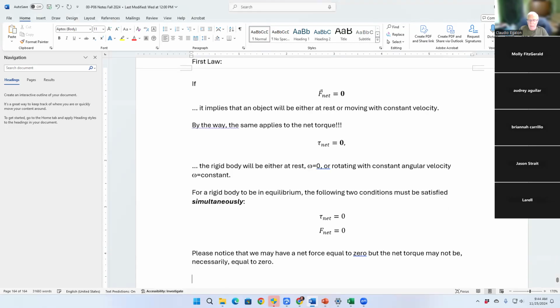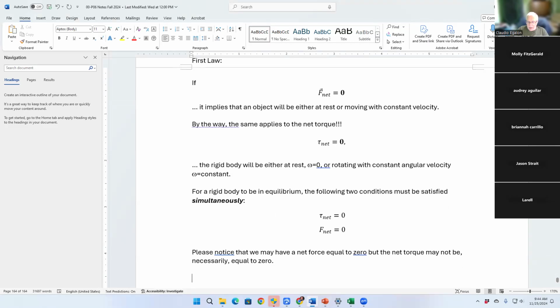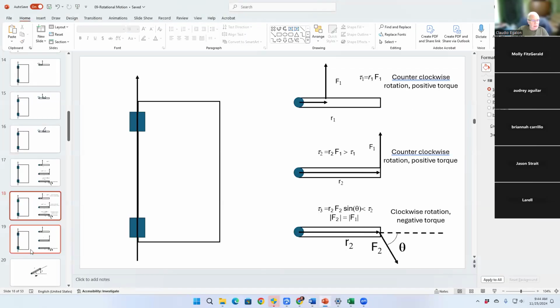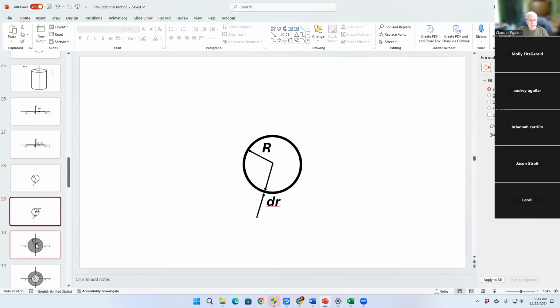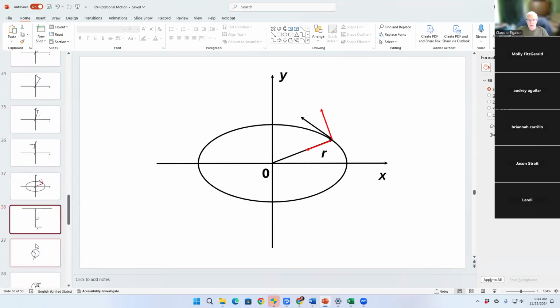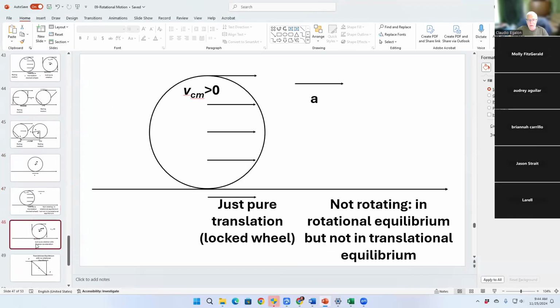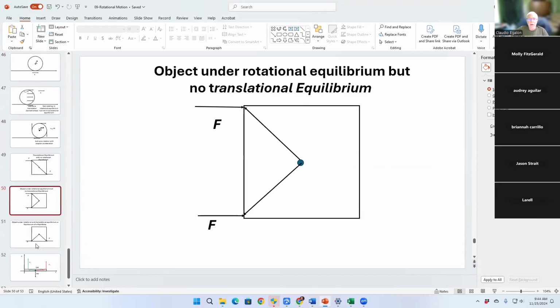Very important. Let me see if I have an example here of a net force equal to 0, net torque different from 0.